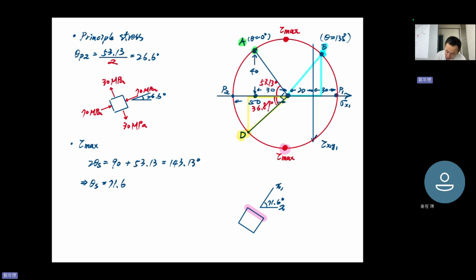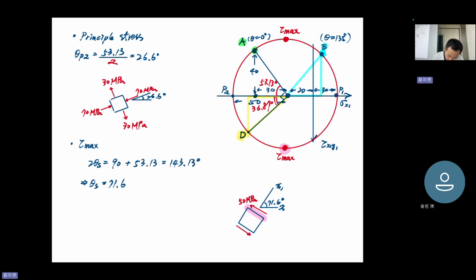You see in the main focus plane, it should be upward. And the value will be 50 MPa because it's R, right? We can use our eyes, just by looking at it we can get the value. So that's how elegant it is.